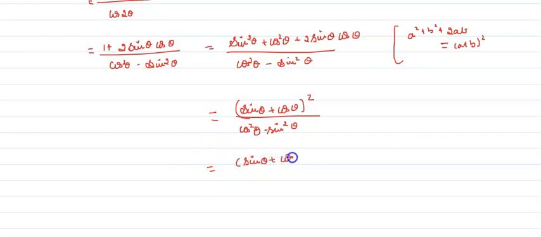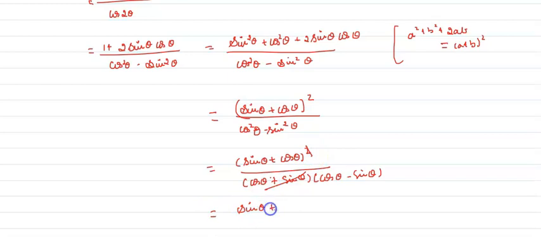The numerator is kept as it is, (sin theta plus cos theta) whole square divided by (cos theta plus sin theta) multiplied by (cos theta minus sin theta). These two terms are the same, so one time let me cancel. So (sin theta plus cos theta) over (cos theta minus sin theta). When you observe the question, it should be in terms of tan, right?